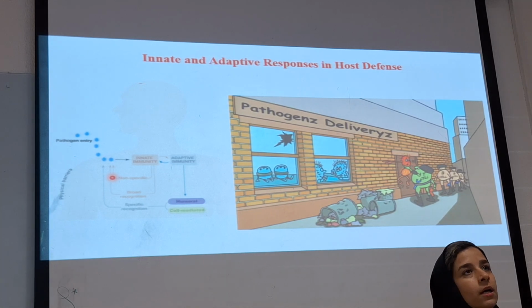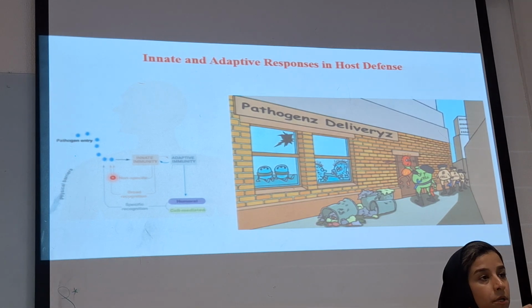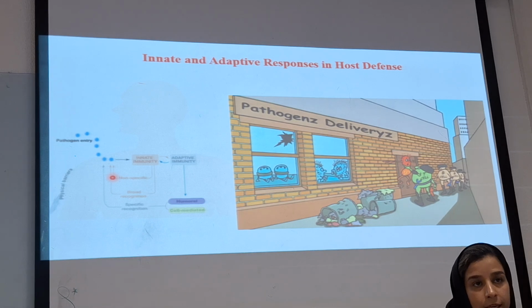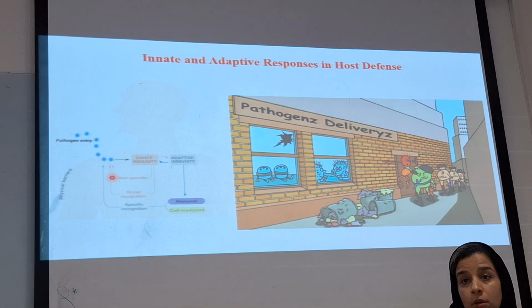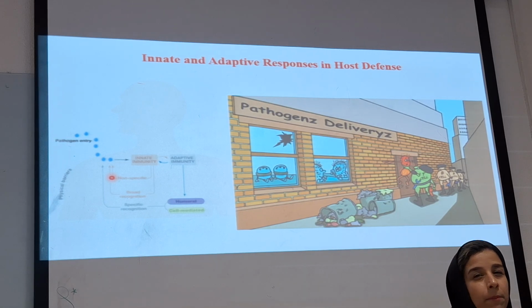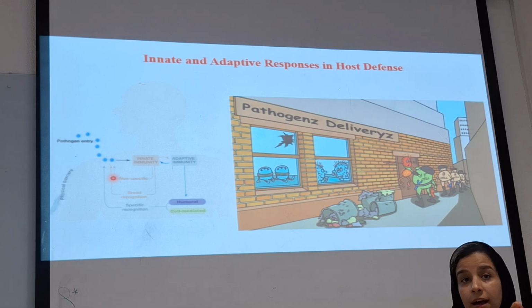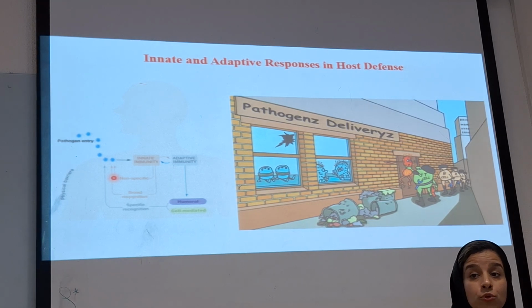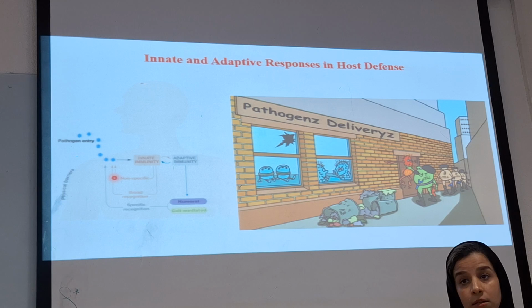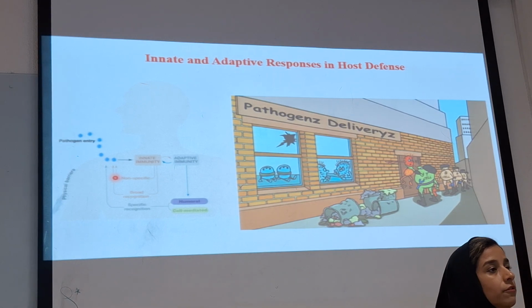In every place you live, for example in Kish, when some criminals enter, the first line of defense is the police. The police catch the criminals without paying attention to their crimes, imprison them, and after that introduce them to specific sites like courts, in every country and every city.